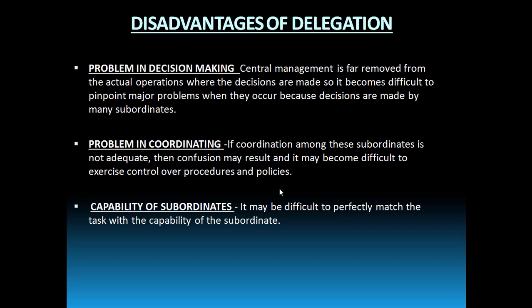And if a task is more challenging and the subordinate doesn't have that much capability, then he won't be able to perform the task effectively. Capability is an important factor which a manager needs to see while assigning tasks. And if there is difficulty in perfectly matching the task and capability, then again it will be a problem. So this is again one of the disadvantages of delegation.